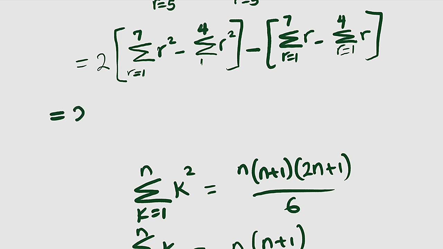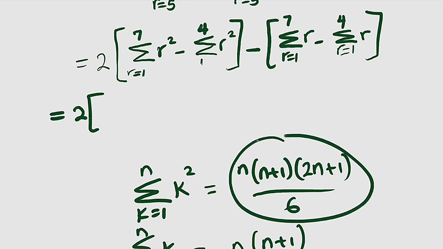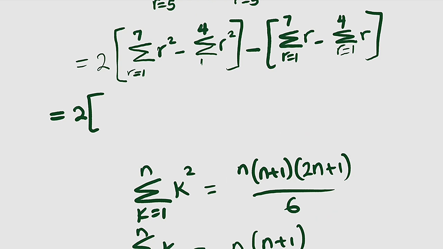So this is equal to 2 multiplied by what? For r squared, we are going to apply this formula, for which our n is 7. This is n, which is 7, multiplied by n plus 1. 7 plus 1 is 8, multiplied by 2n plus 1. That is 2 times 7 is 14 plus 1 is 15.